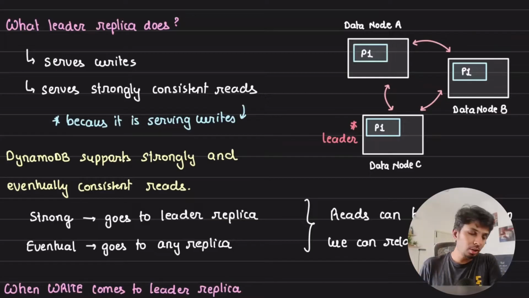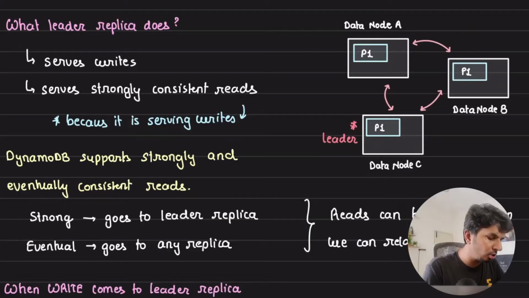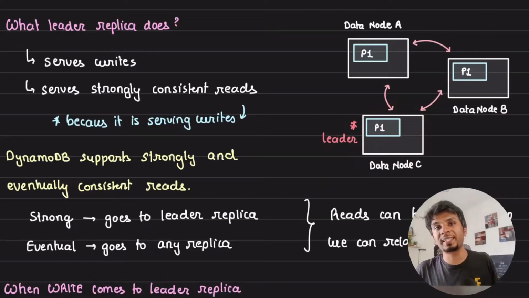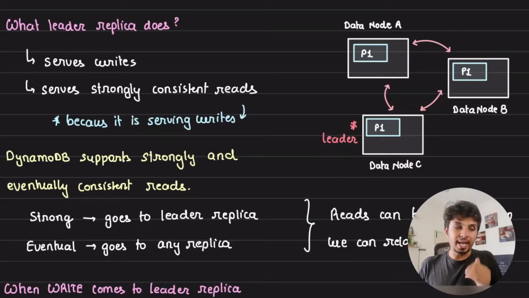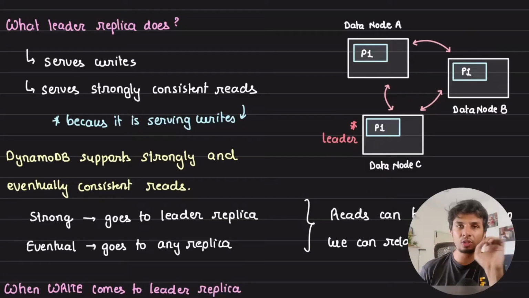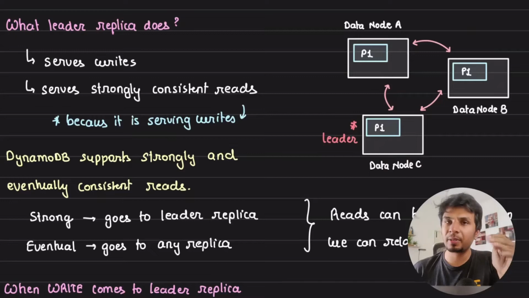And the job of the leader is also to serve not just the writes but the strongly consistent reads. Because writes are going over here, this node is in the best position to serve strongly consistent reads if required. So in DynamoDB, when you fire the read request, you have two options. Either you say that, hey, I want strongly consistent reads. Or the second option says, it's okay if you give me a little bit of stale data.